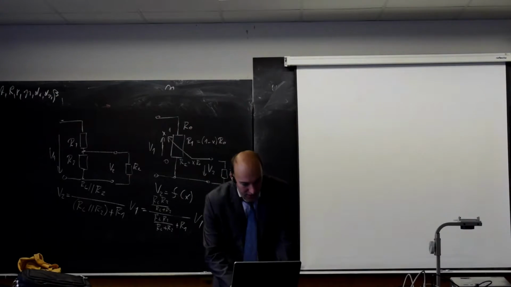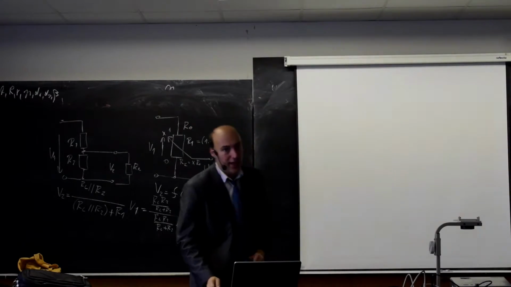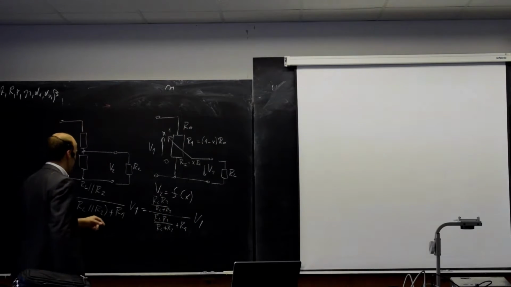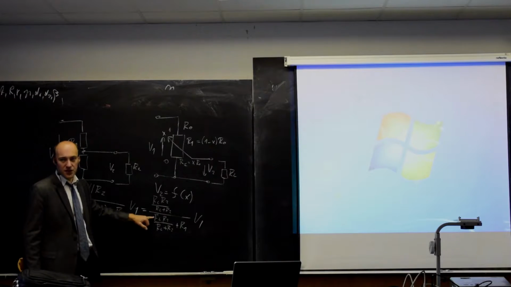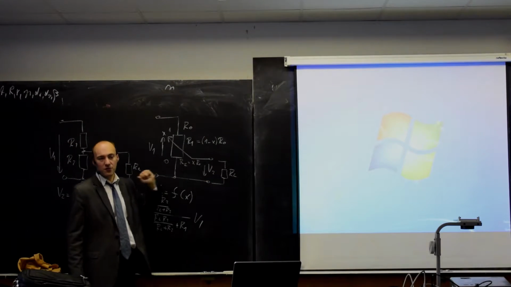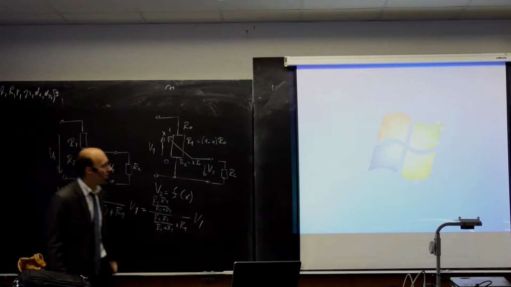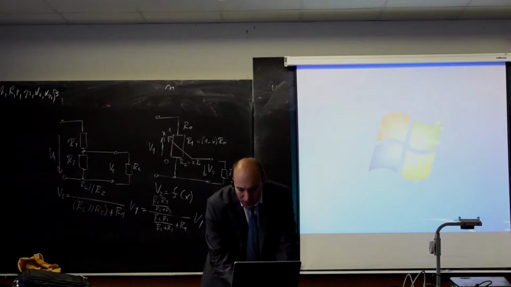In the equation, we also see that the output voltage that we read here will depend also on the load resistor. So it will depend also on the properties of the voltmeter that we have here. So we'll need to cover this as well. And I'll try to open the equations.